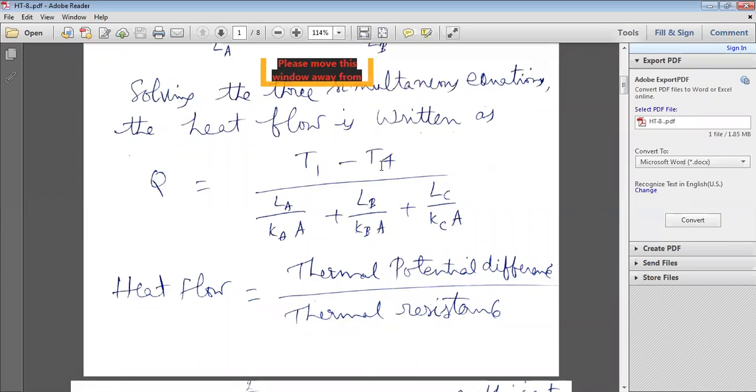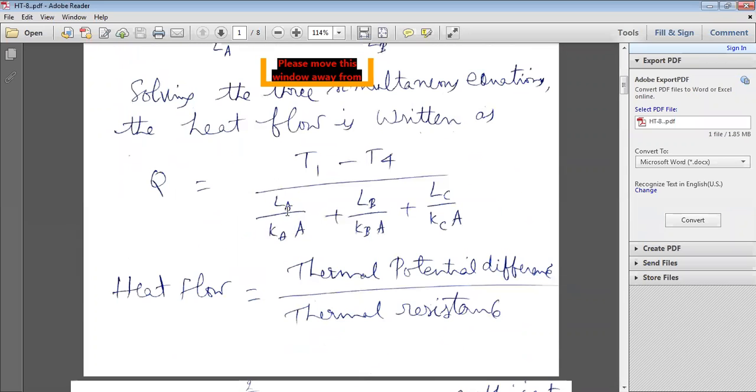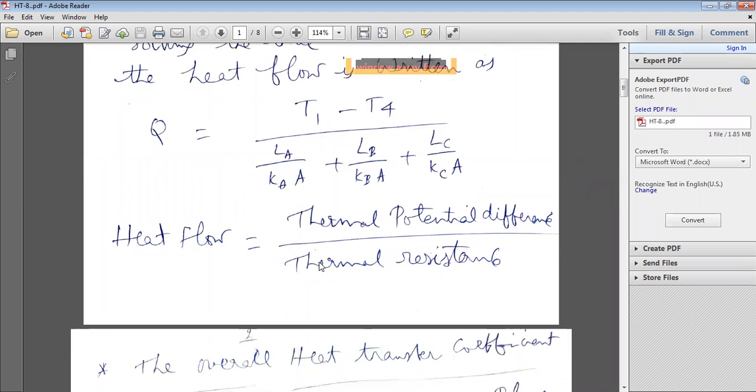In the case of a thermal circuit, it is the thermal potential difference divided by the thermal resistance. If the three materials are in series, you add the resistance offered by material A plus material B plus material C. So heat flow is equal to thermal potential difference by thermal resistance, just like the electrical analogy.